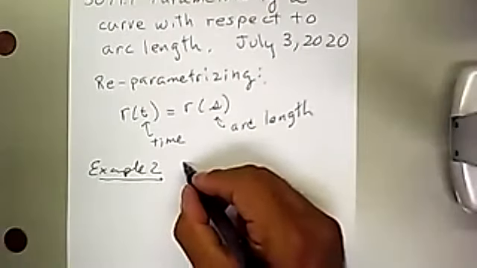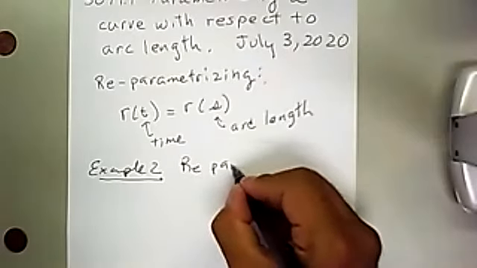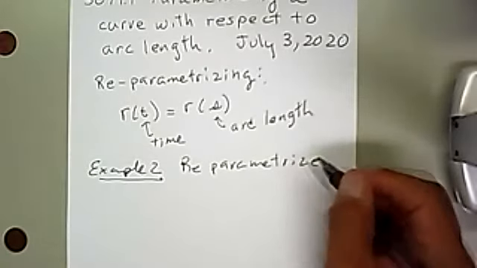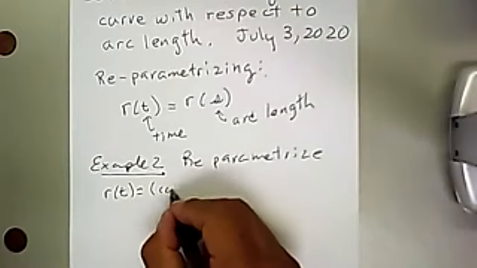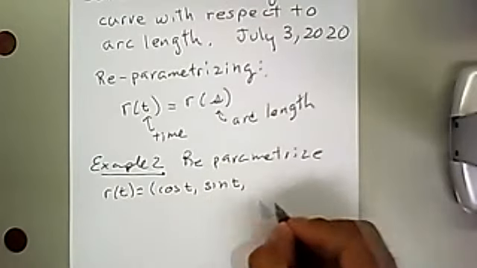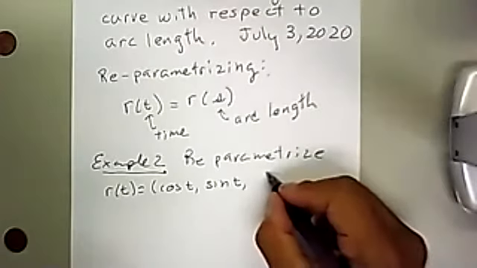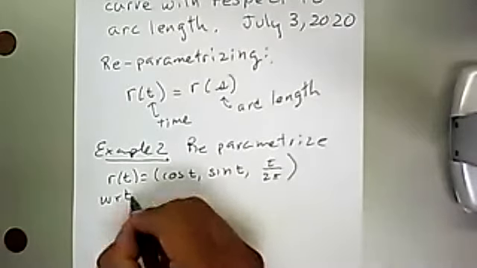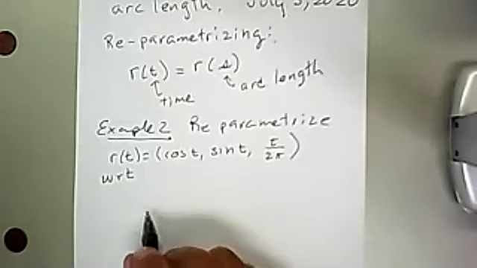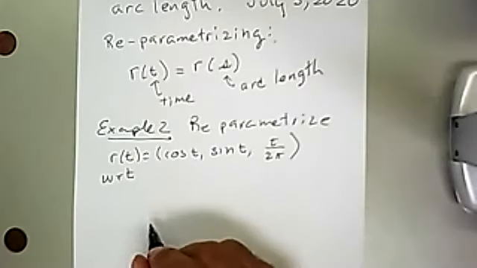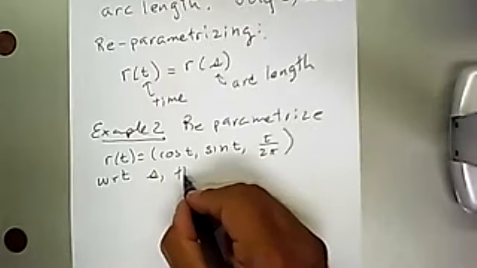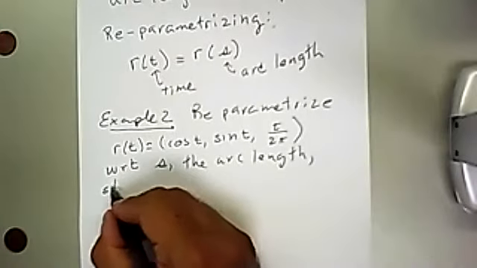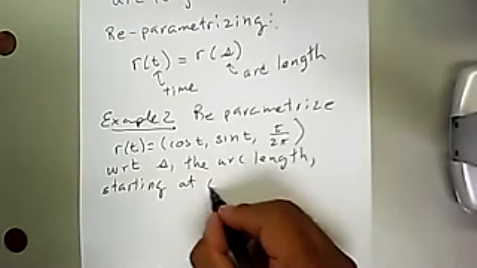We want to reparametrize r of t, which will be cosine t, sine t, and t over 2 pi, with respect to s, the arc length (WRT is a shorthand way of writing with respect to), starting at 0, 0.